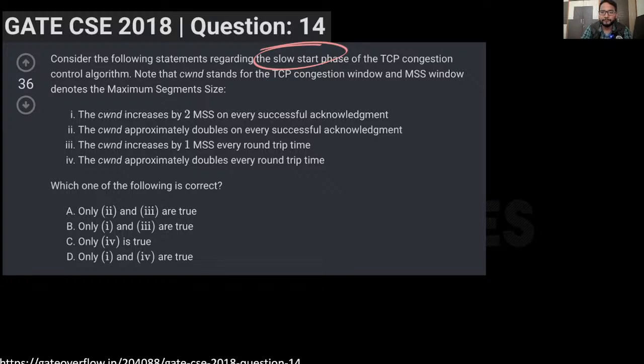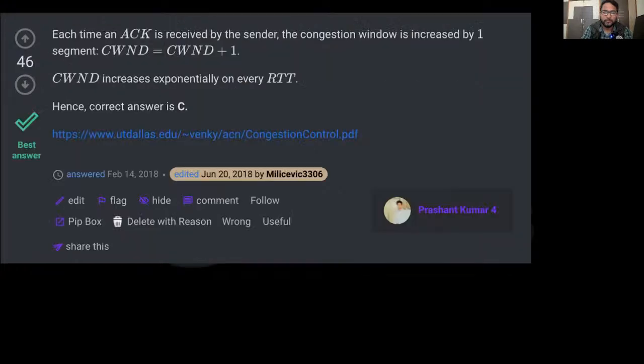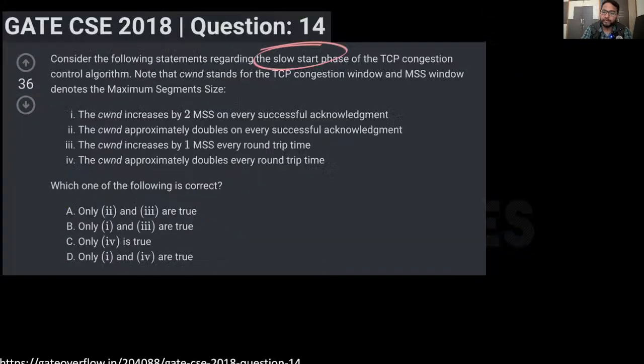C is the answer here, which means only 4 is true. So yeah, everyone is saying 4 is true. So I hope you understood. They have asked about the slow start, but they may ask about the congestion avoidance also.